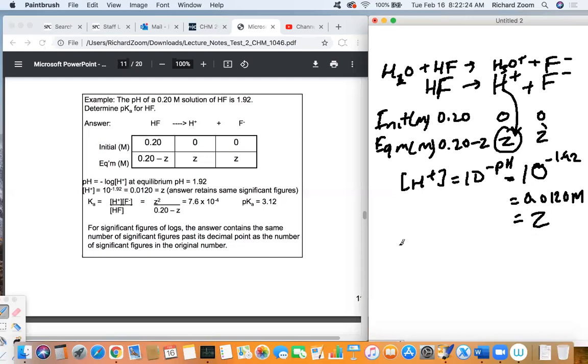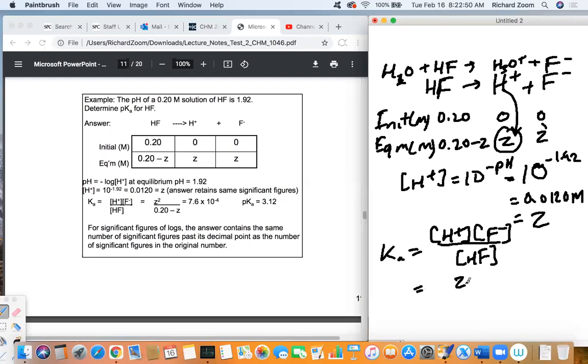So that's Z. We've got our Ka, which is going to be H plus or H3O plus, it doesn't matter which, times F minus over HF. And the Ka is going to be calculated based on that.